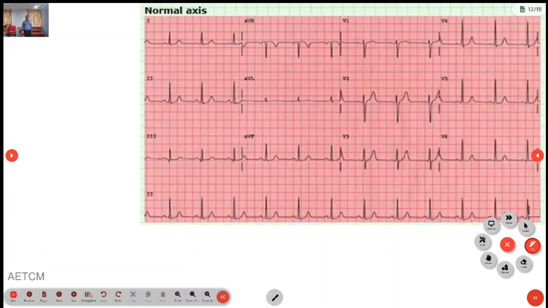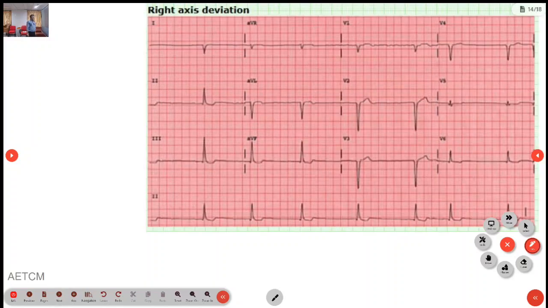I will show some normal ECGs, or ECGs with axis difference. So, look at this. 1 and 3, both are positive, then it is normal axis, very simple. The second ECG, this is negative, this is positive, reaching towards center, right axis deviation.